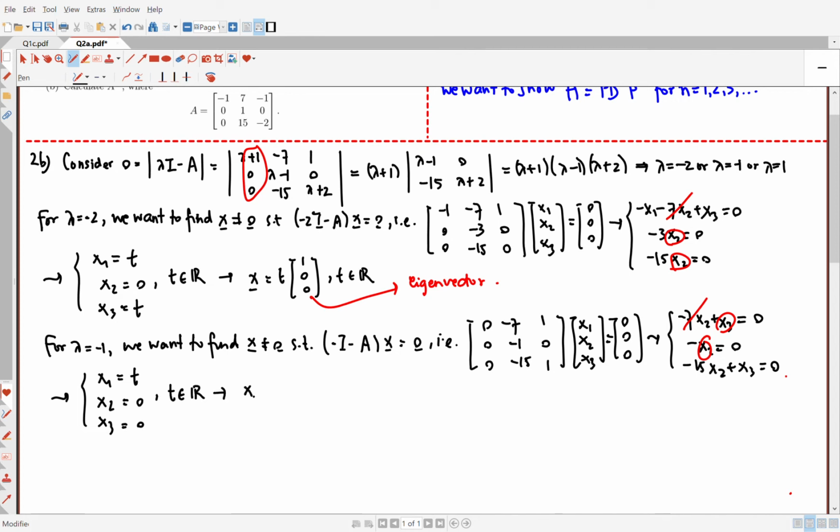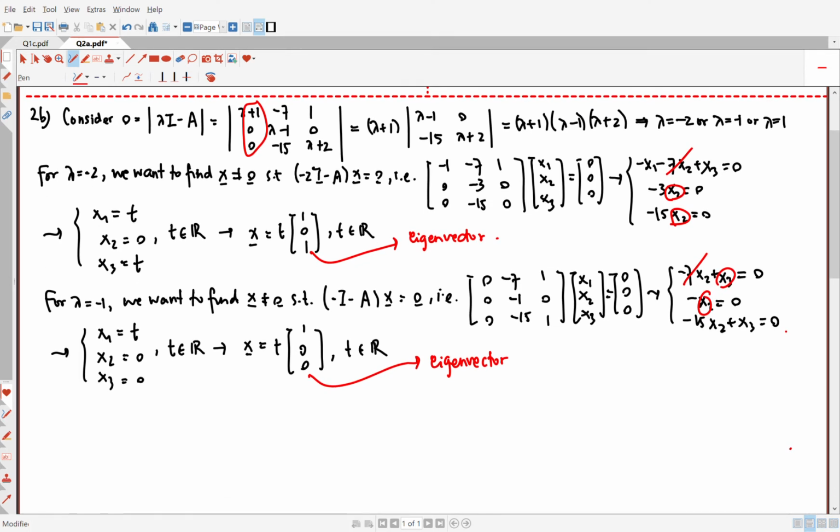So I found my x is t times, this should be 1, 0, 0. We can pick this as the eigenvector for lambda equals minus 1.